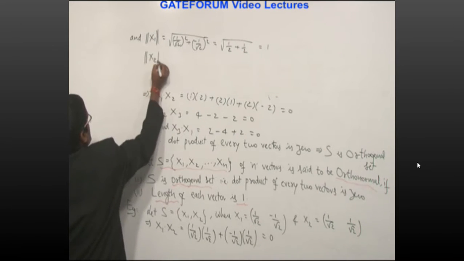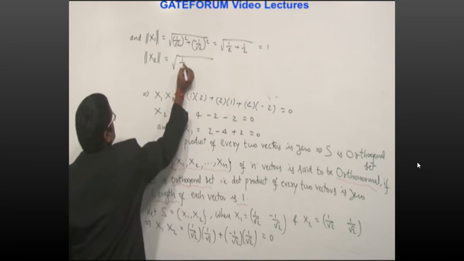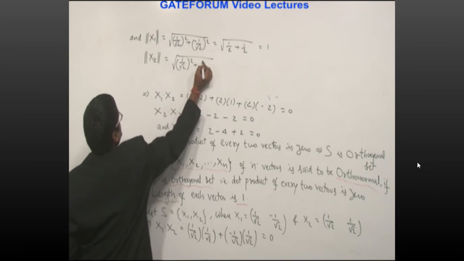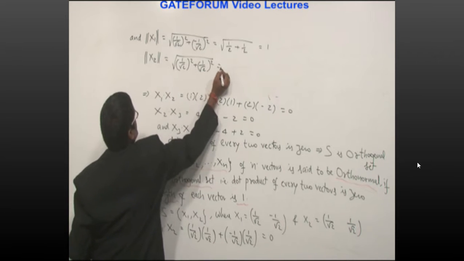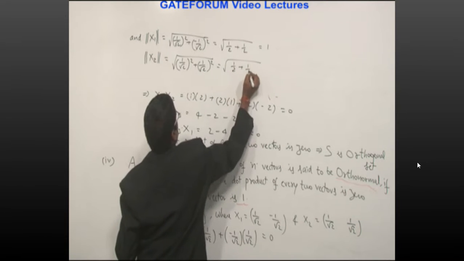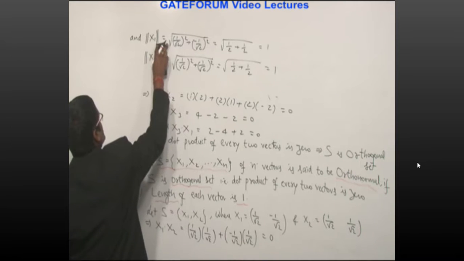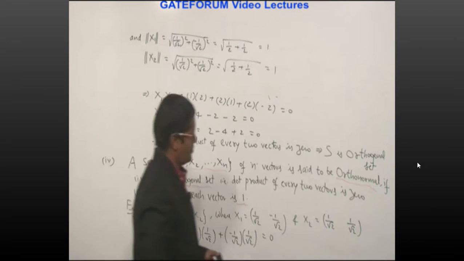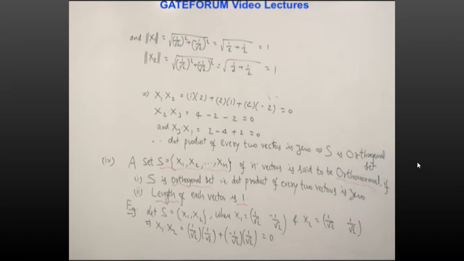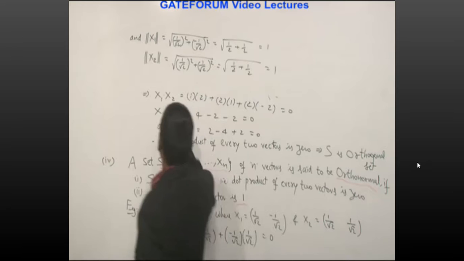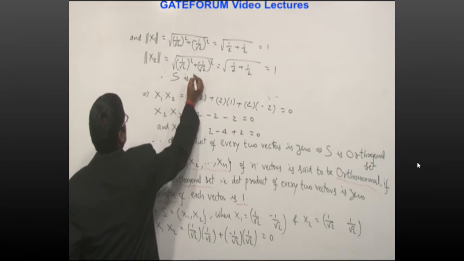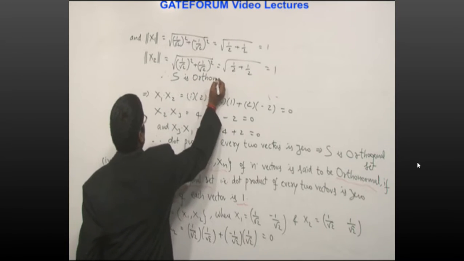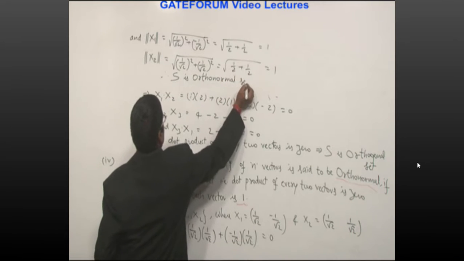Length of x2 is the square root of (1 by root 2) whole squared plus (1 by root 2) whole squared, that is the square root of 1 by 2 plus 1 by 2, equal to 1. So therefore S is an orthonormal set.